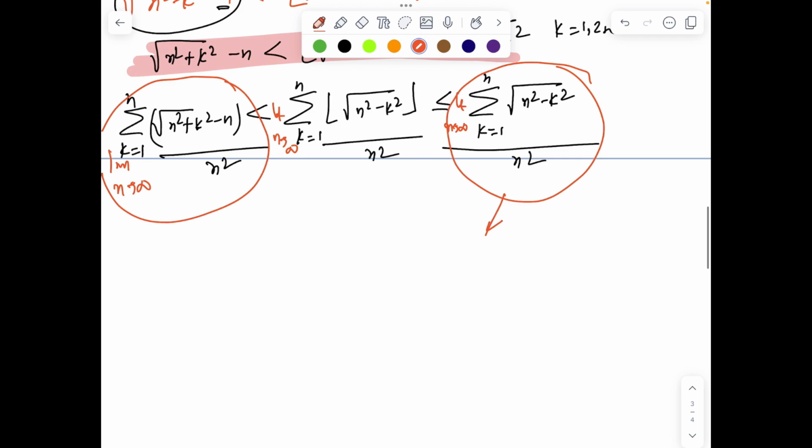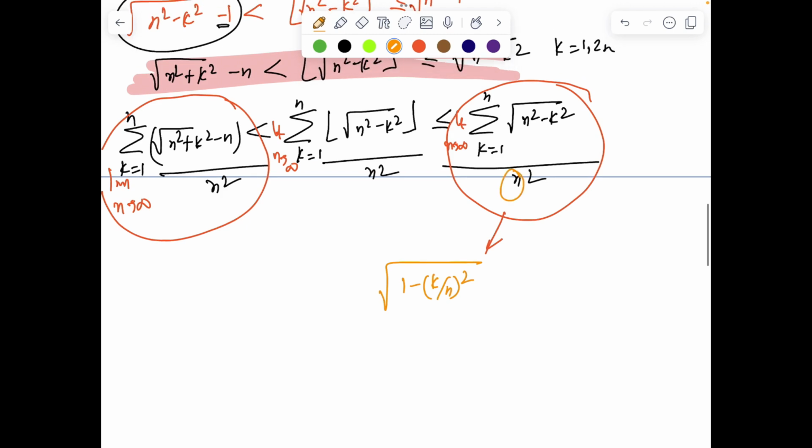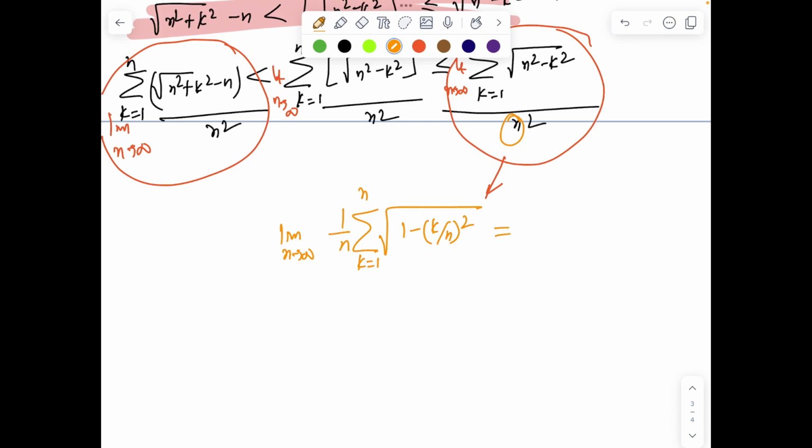Now the first one, you know, it's the limit of a sum. So this quantity can be written as root over 1 minus k by n whole square. There I have managed to keep 1 by n outside, and it's sigma of this where k is running from 1 to n, limit n tends to infinity. Very soon you can identify this as a Riemann sum, where the sigma will be converted to an integral and k by n is substituted as, let's say, x.